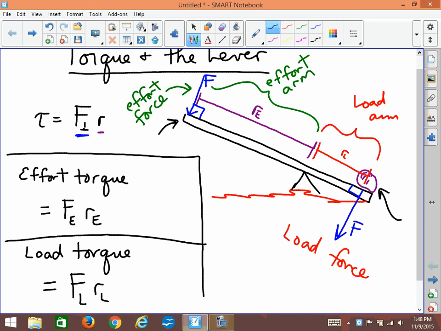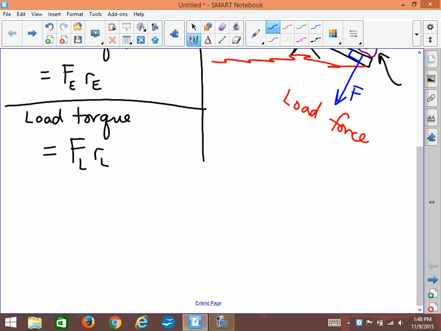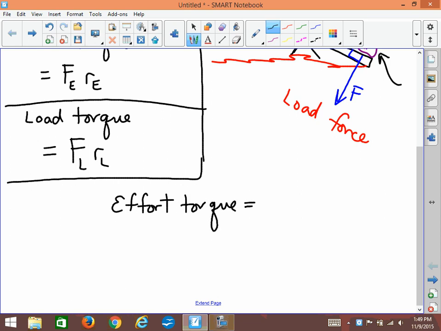So what we're doing is we're comparing the effort torque and the load torque on a particular object. And so what you have to remember is that we're always looking for the effort torque to sort of balance out the load torque, or to equal the load torque when we use a lever.